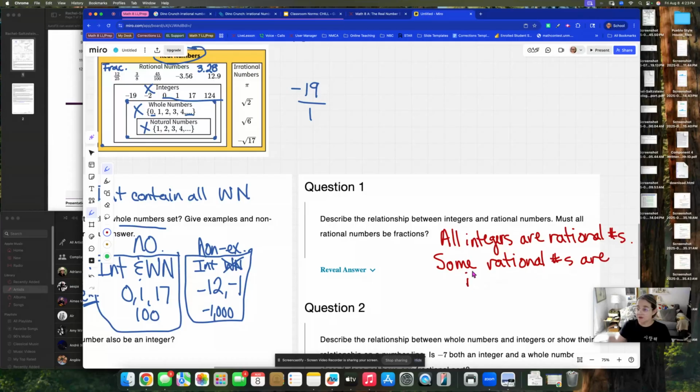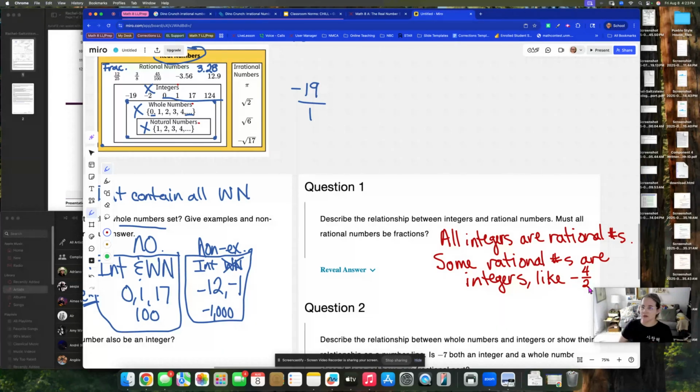Remember that rational number is a very big category. It contains all of our familiar types of numbers. We've got the integers in there, we've got the whole numbers in there, we've got the natural numbers in there. So a rational number that's also an integer, let me give an example, like negative 4 over 2. 4 halves is 2, so that's negative 2.